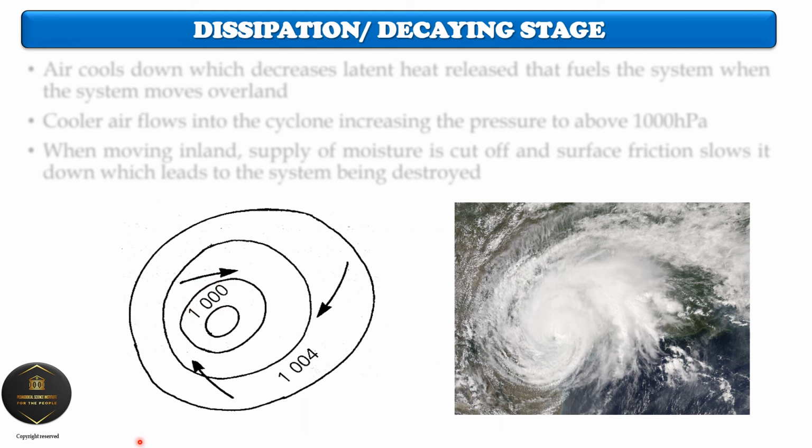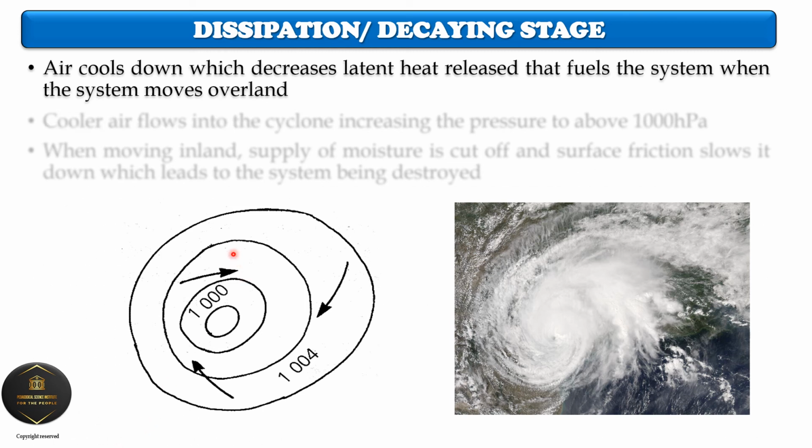Then let's talk about the dissipation stage. Now remember, we said in the dissipation stage, air cools down as it gets to land, and this will decrease the latent heat released, right? Because remember, the latent heat fuels or powers up these systems, right? And why does the latent heat decrease? It's because the system is moving over land.